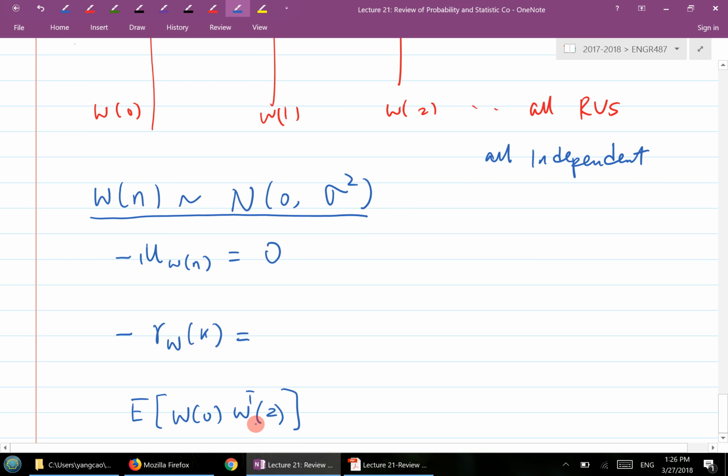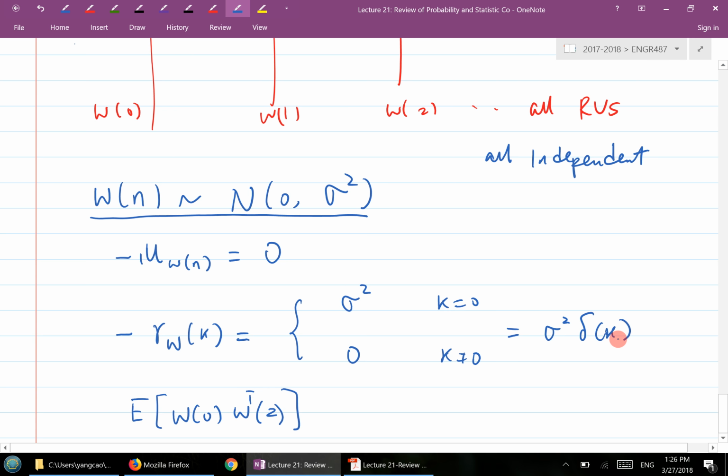It's always 0, except when k is 0. If k is 0, then it's the variance sigma square. If k is not 0, then you get a 0 here. To denote this, we write it as sigma square times a Kronecker delta, delta k.